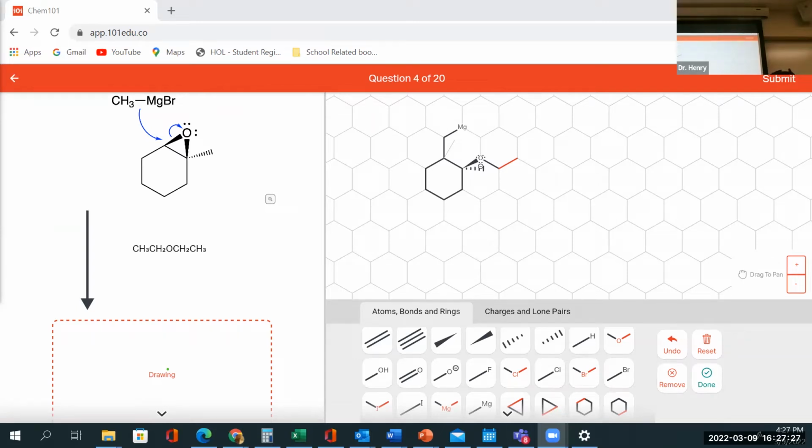Here we want to use epoxy as a reactant. My cards are all screwed up. 88.